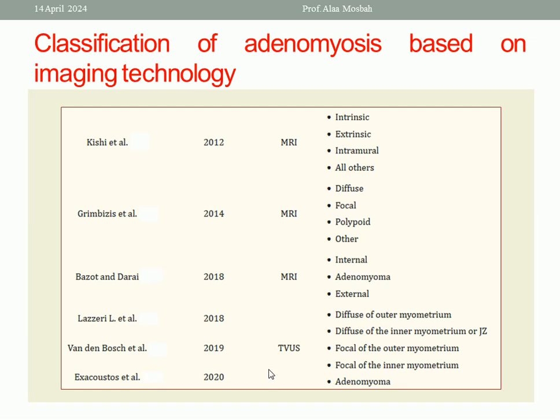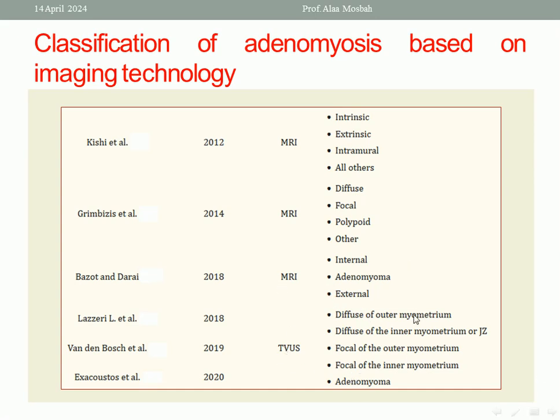Okay, look at this classification of adenomyosis based on imaging technology, either MRI, as you see, or transvaginal ultrasound. Let us see the most recent classification according to transvaginal ultrasound, published in 2019, 2020. They divide it into 5 categories or 5 types.